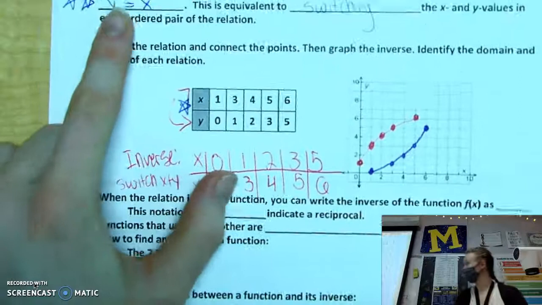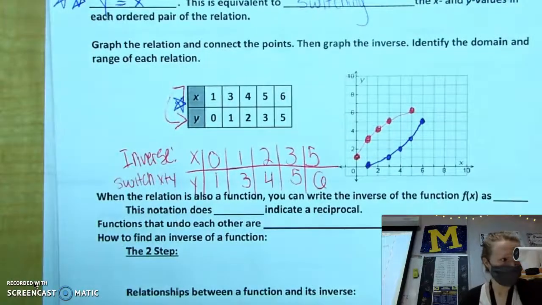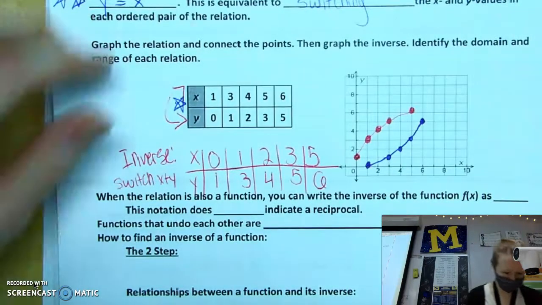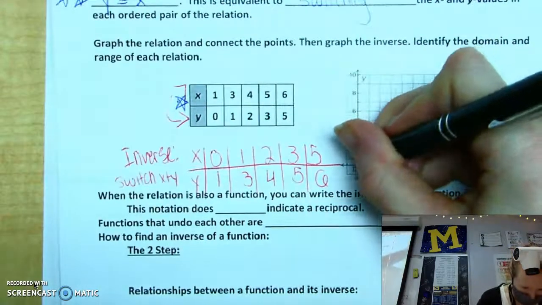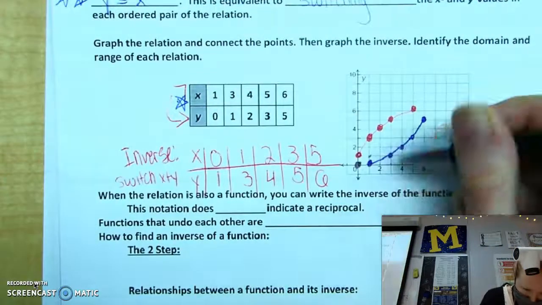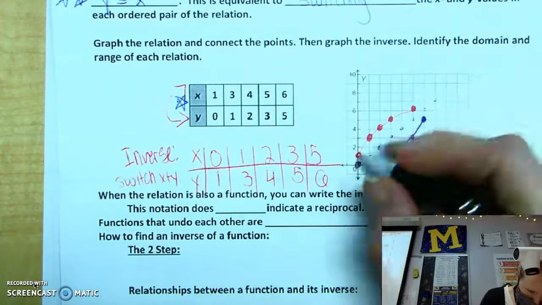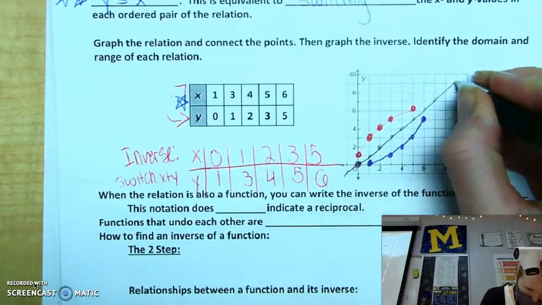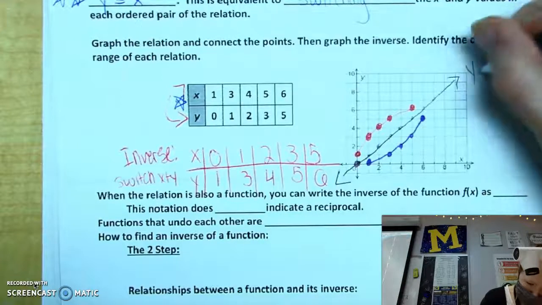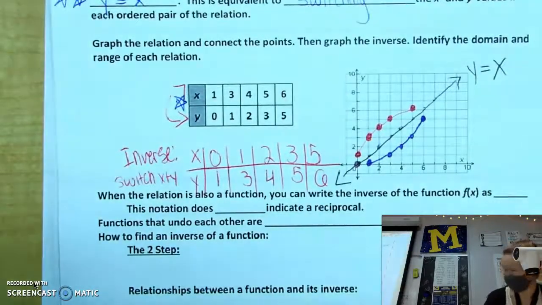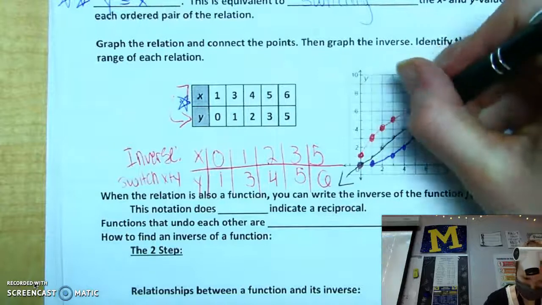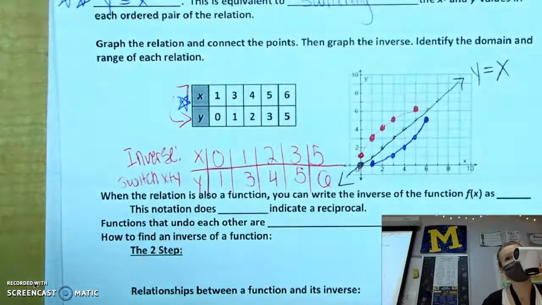And then if we were to sketch this line of reflection that we just talked about, that line y equals x, that means it's a line with a y-intercept of 0 and a slope of 1. This is our line of reflection, y equals x. Do you see how every single point is the same distance from this line?